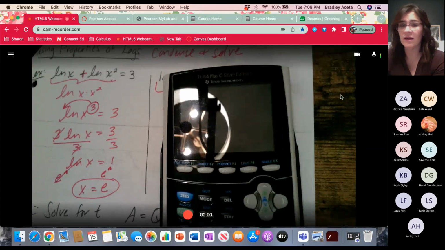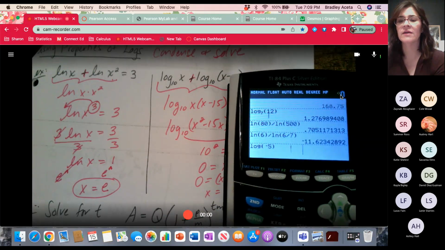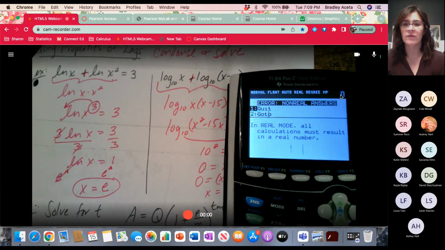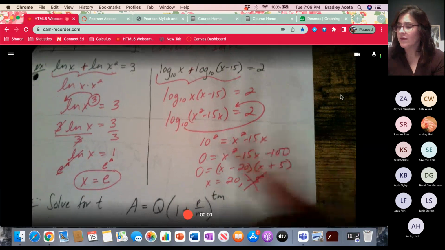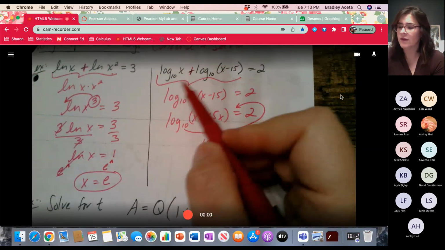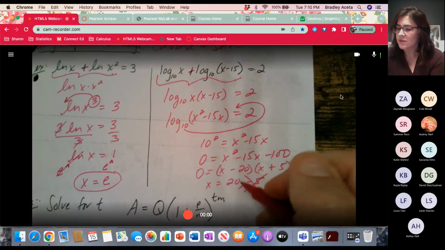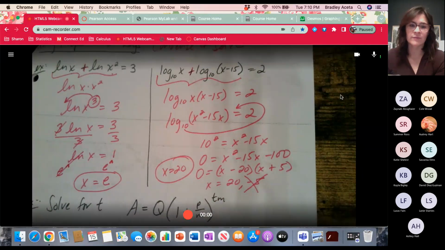I mean, you can check it right now. If you just hit log of negative 5, that's log base 10 already. But look what it says, error, not real. Okay, so you have to make sure that what's inside of here has to be greater than 0. So x equals 20 is the only answer for that one.